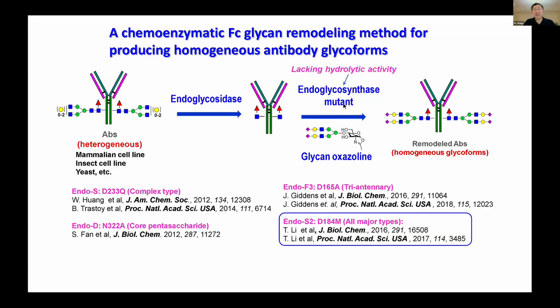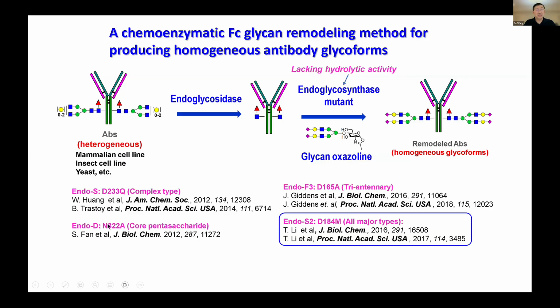Once you do the mutation, you eliminate the hydrolytic activity. However, if we provide a high-energy species like a sugar oxazoline as a transition state mimic, the mutant enzyme can still take it and add the sugar back to the original glycosylation site. By using the two steps, you can remodel the Fc glycan to construct a library of so-called homogeneous glycoforms of antibodies.